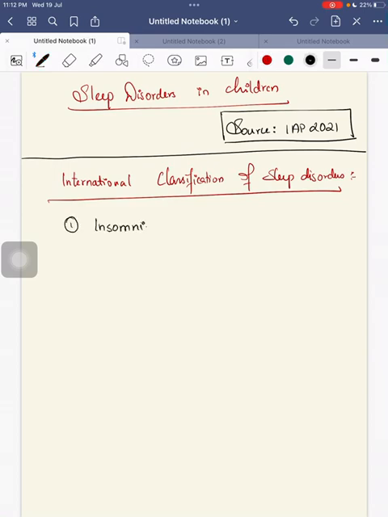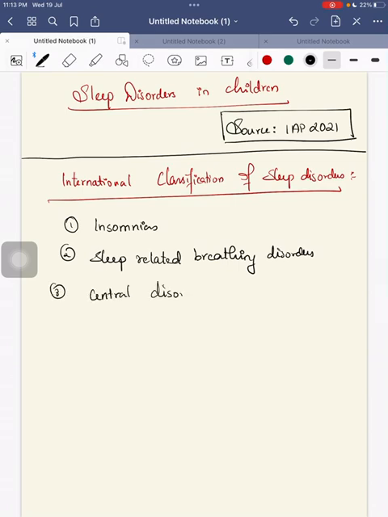So the first type is insomnias. Second one is sleep related breathing disorders. Third one is central disorders of hypersomnolence. Fourth type is circadian rhythm sleep wake disorders.